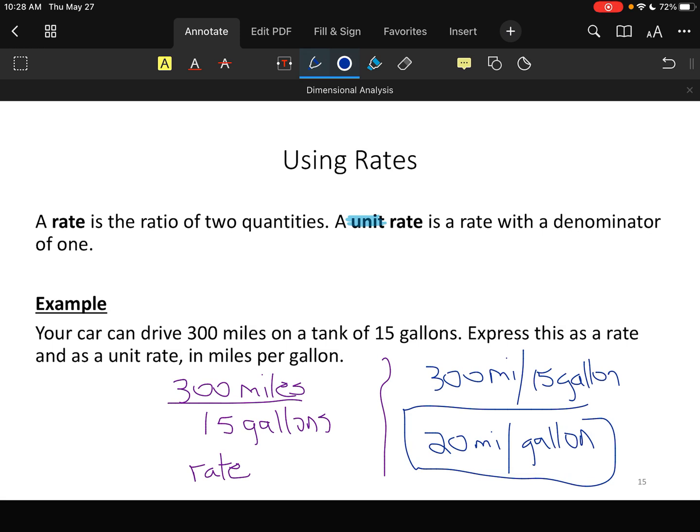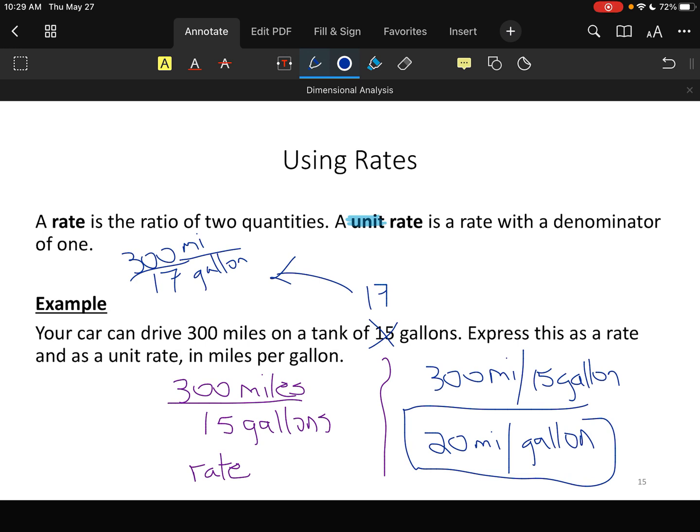Let me do an aside. Let's say the car had 17 gallons instead of 15. The rate would be 300 over 17 miles per gallon, and because 17 is a prime number, that won't simplify.